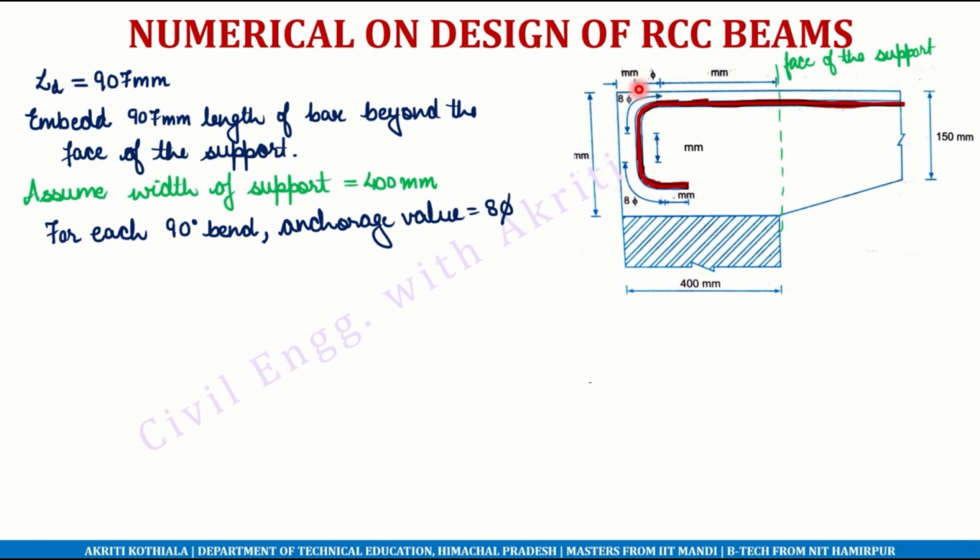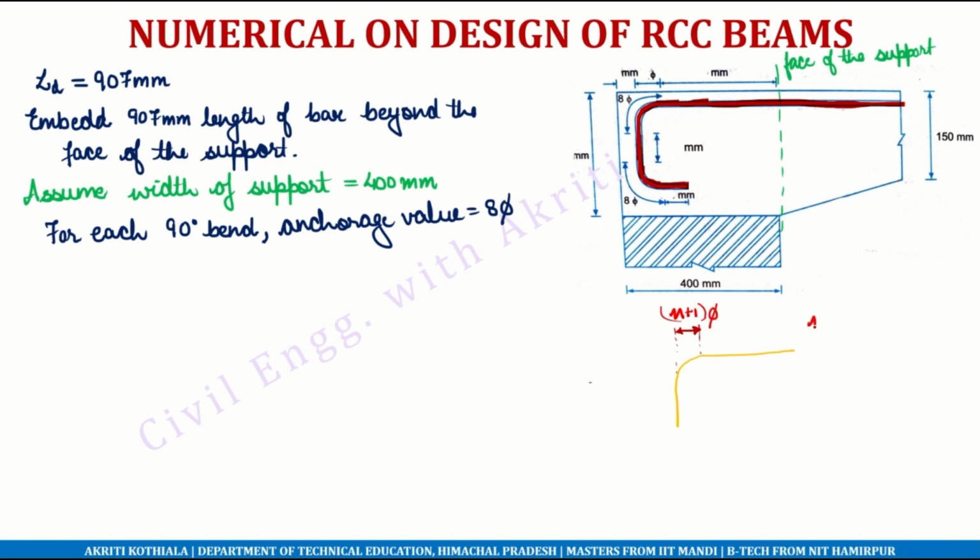We also have to keep in mind that when calculating the anchorage value, there is a horizontal distance which the bar has traveled. I started bending the bar from this point and ended bending it here, but there is some horizontal distance which the bar has traveled. The curved distance is 8φ, but the horizontal distance is equal to (n+1)φ.